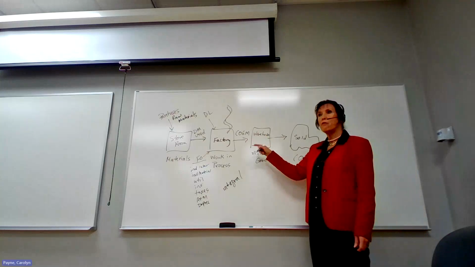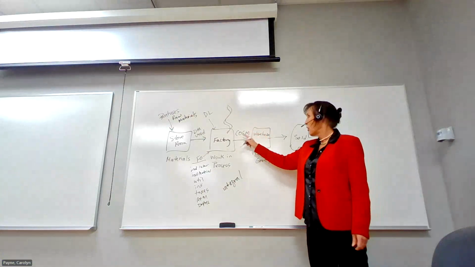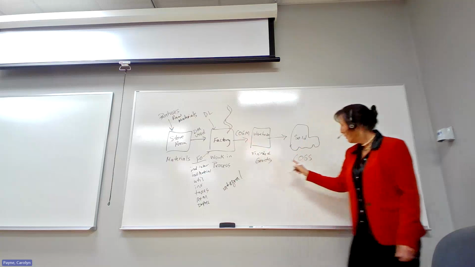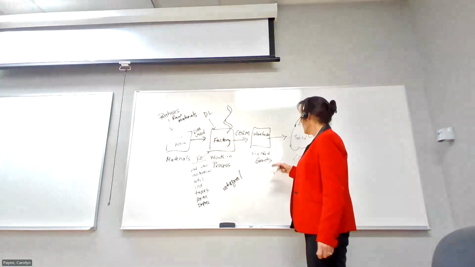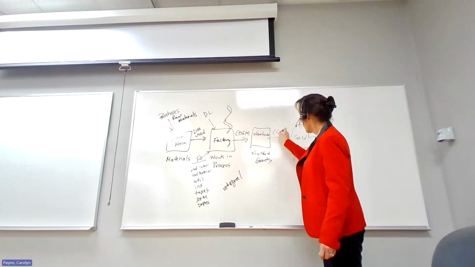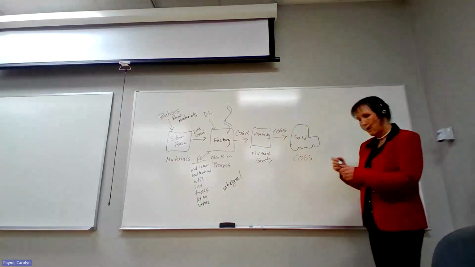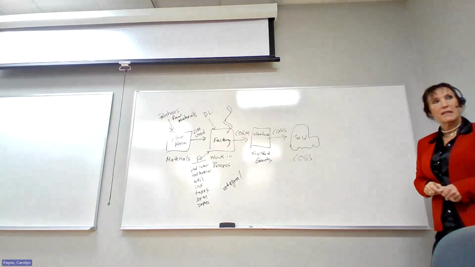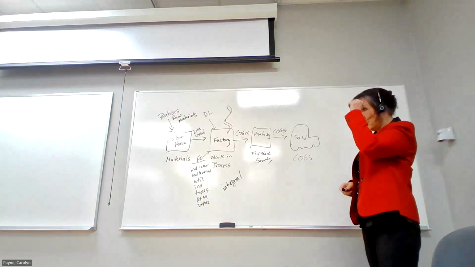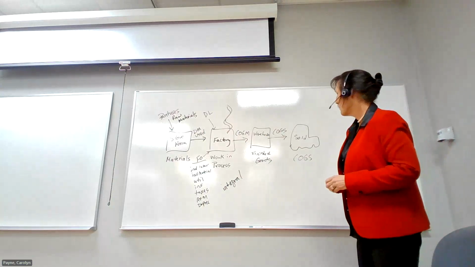Makes sense? Manufactured, finished, completed. Cost of goods manufactured. Cost of goods sold. Okay. And then this, of course, cost of goods sold as it flows into there. Okay, make sense? Flow of cost.